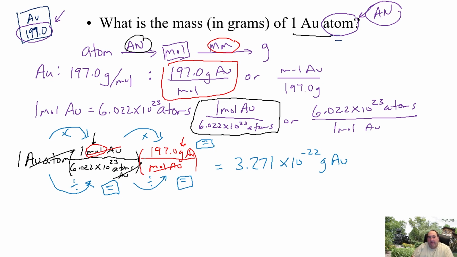Now, what do I mean by don't forget the exponent part? On my particular calculator, and your calculator might be a little bit different, it's displaying something like this: 3.271338843. I got an E and a minus 22.